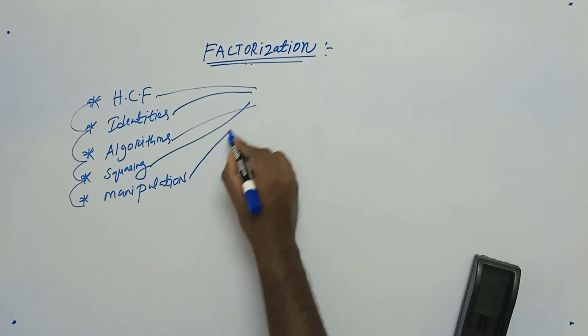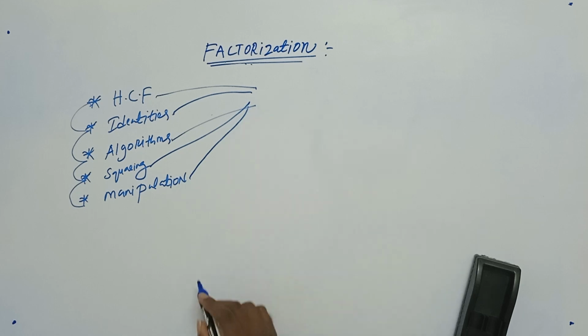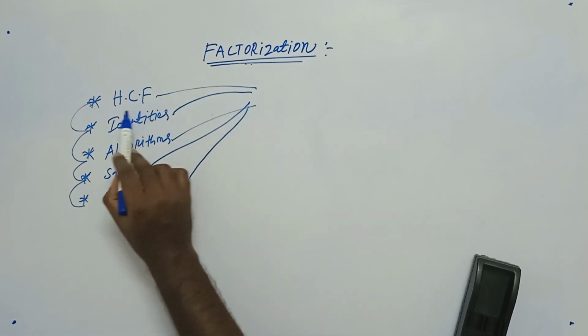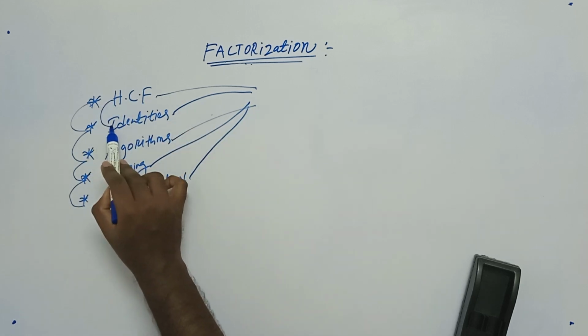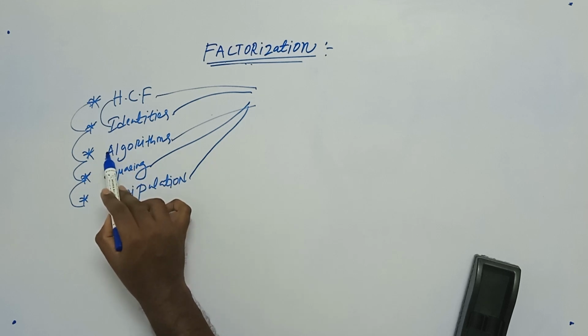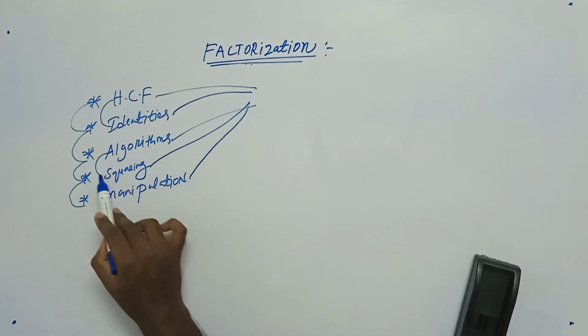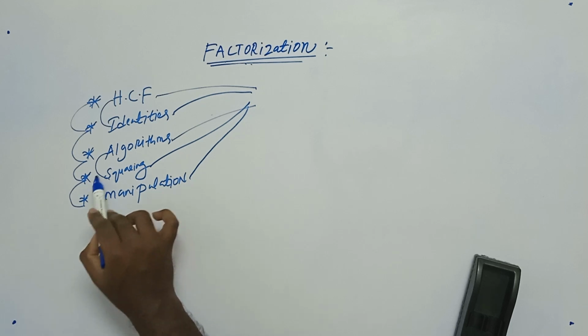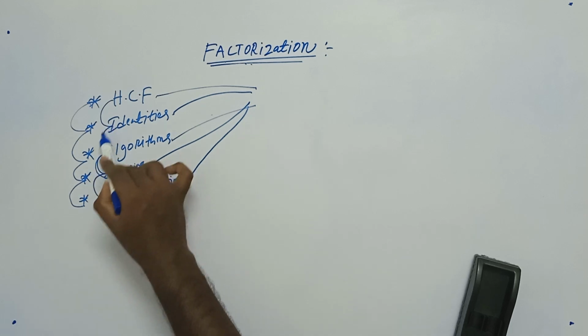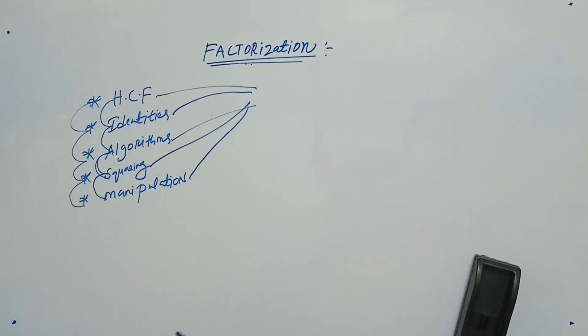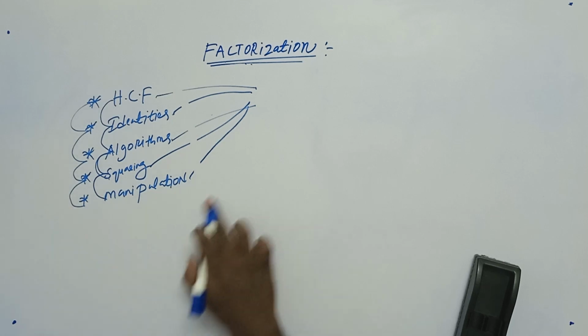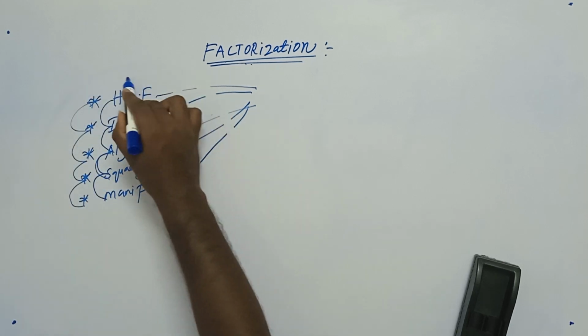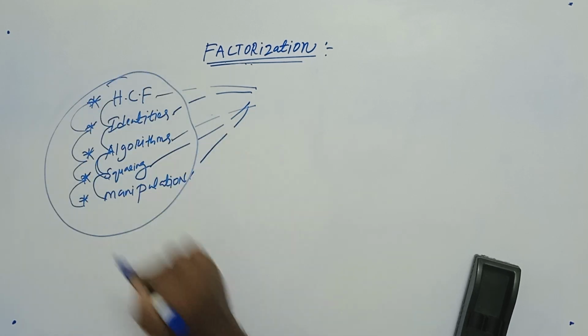Another problem can only be solved by manipulation. Sometimes the problem can be solved using HCF or identities. Sometimes the problem can be solved by both the algorithm and the squaring method. So the problem can be solved by using all 3 or only 2. Likewise, depending upon the given problem, we are going to use all these tools.